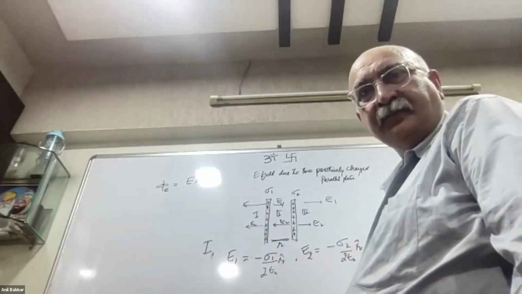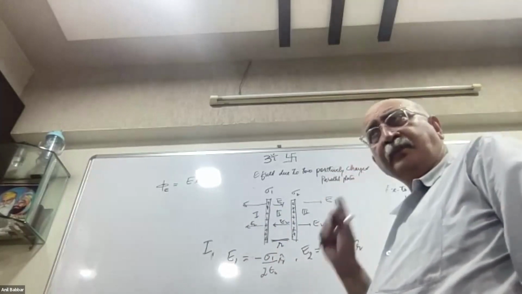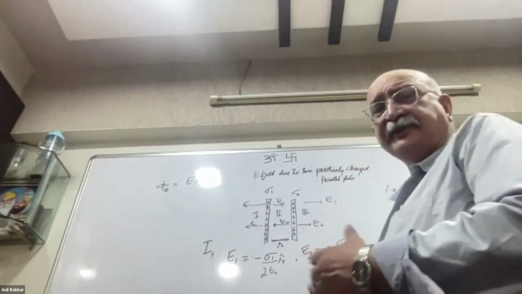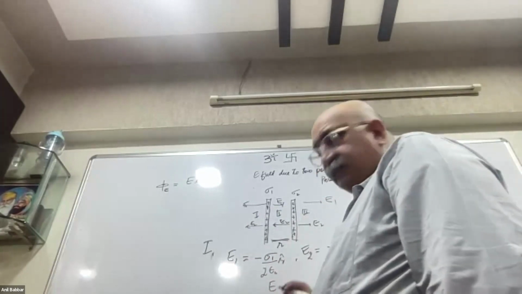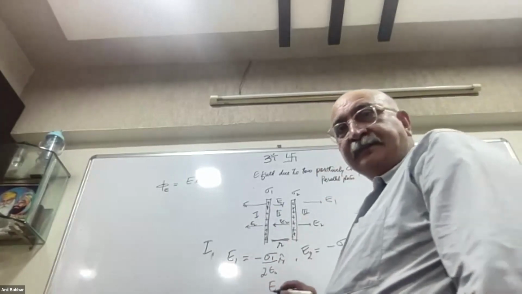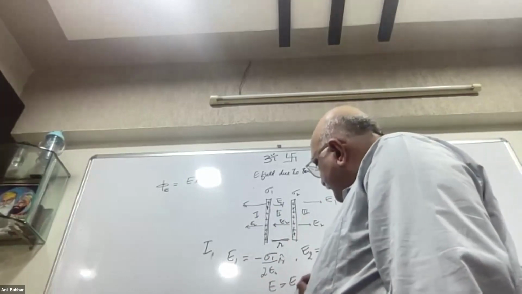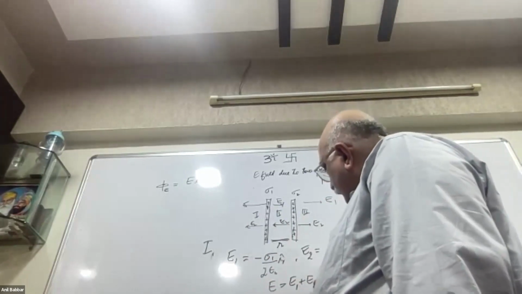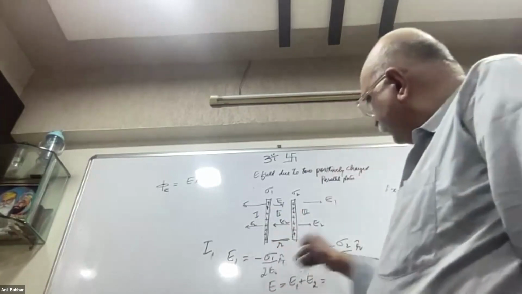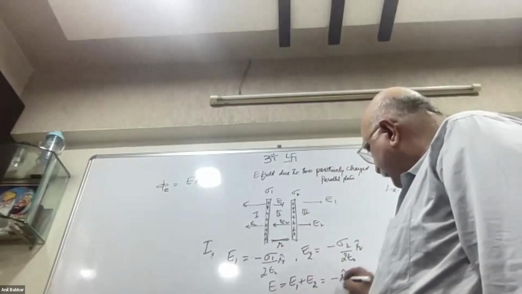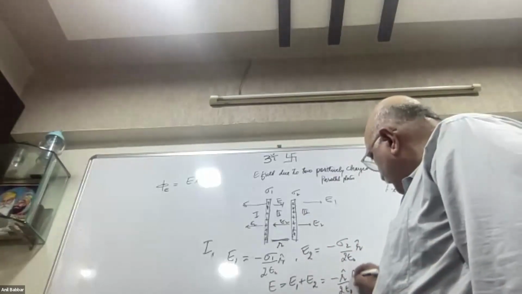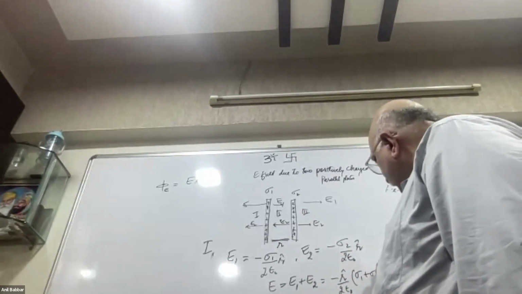According to the principle of superposition, these two electric fields need to be added, so E equals E1 plus E2. If we add them, we get minus R cap upon 2 epsilon naught times sigma 1 plus sigma 2.